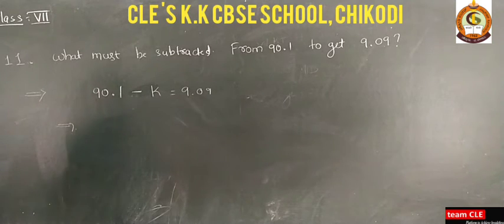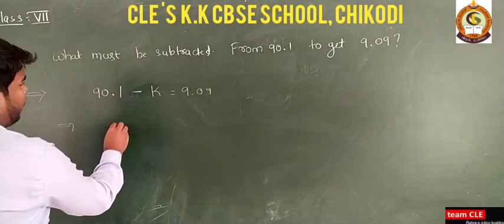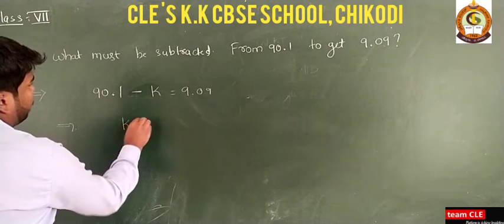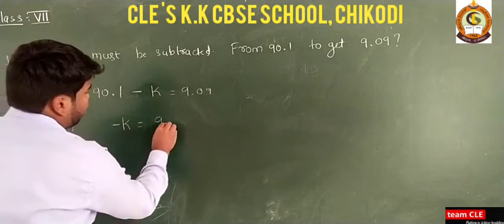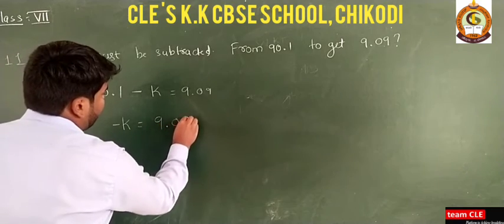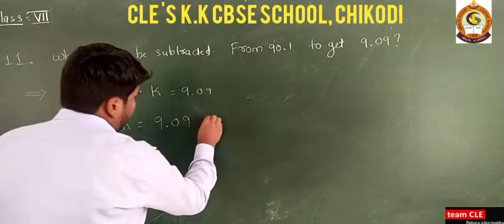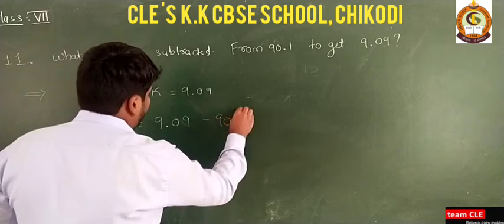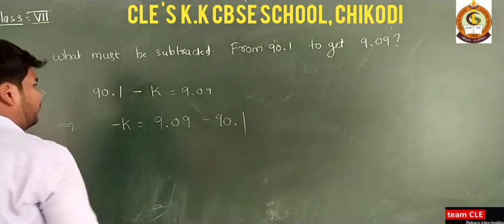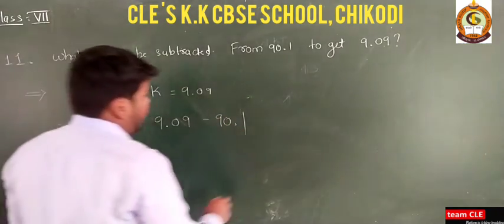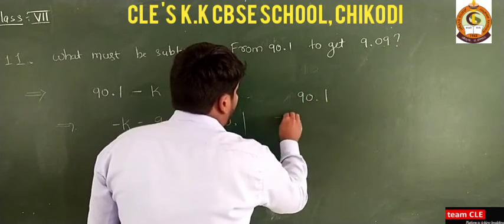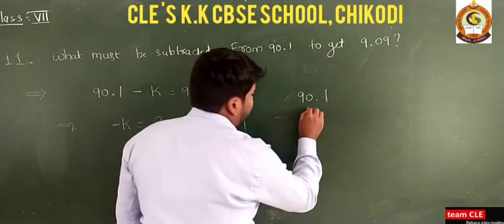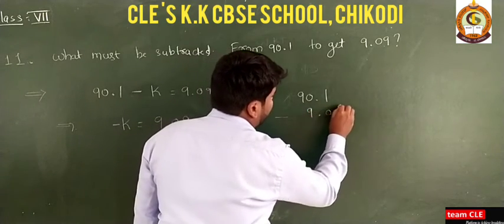Okay dear students, so see here it is minus k, so minus k is equal to 9.09 minus 90.1. So just to do the subtraction, we are getting 90.1 minus 9.09.